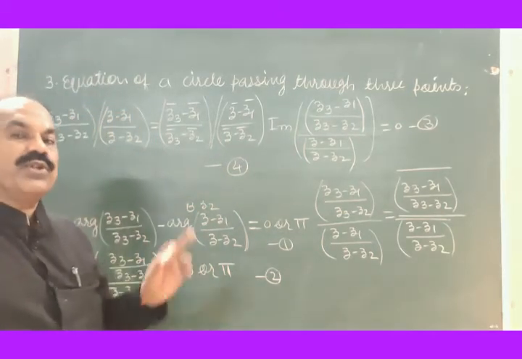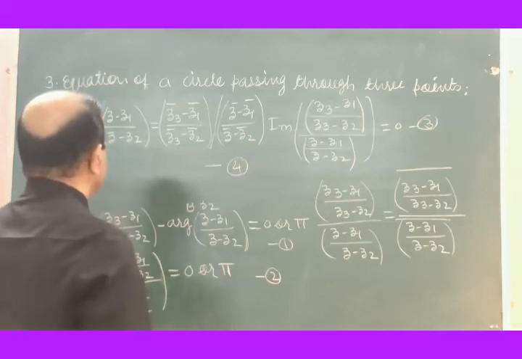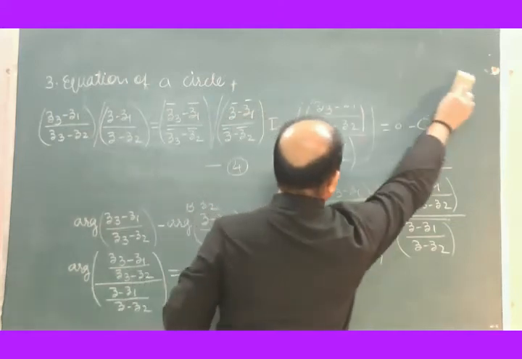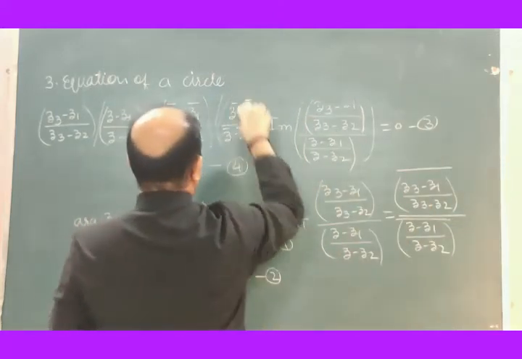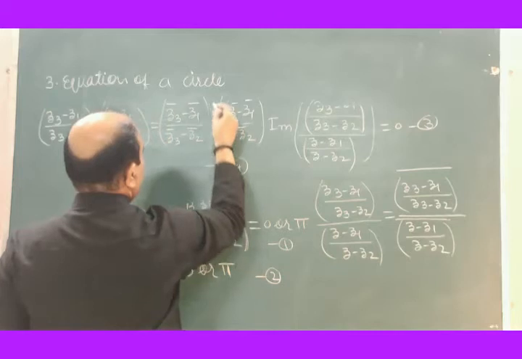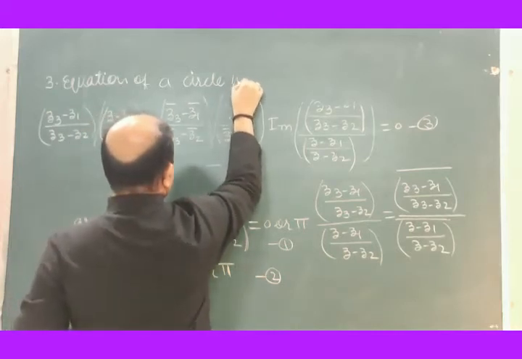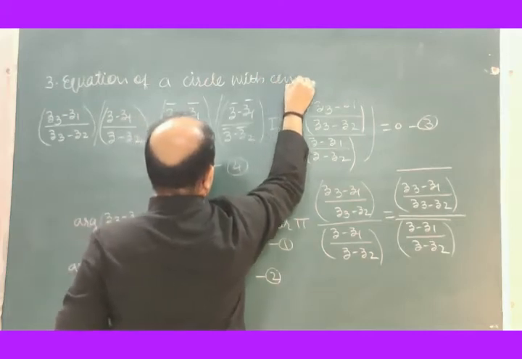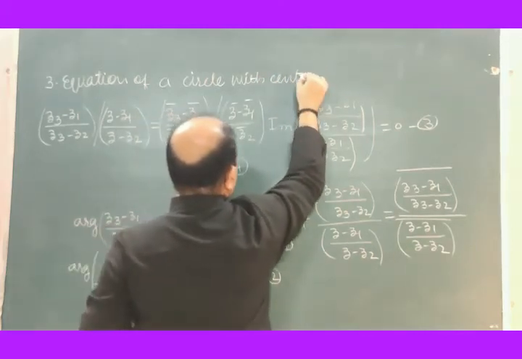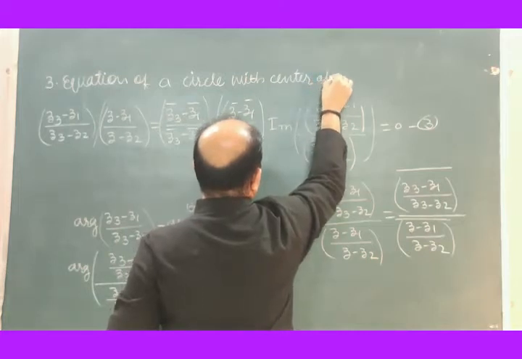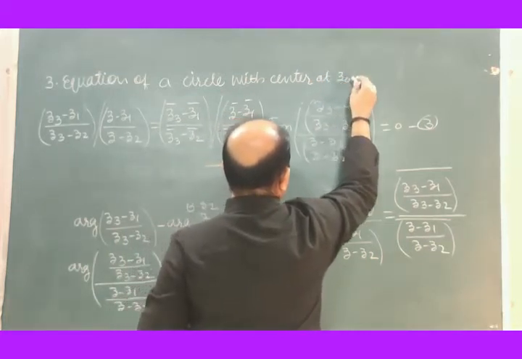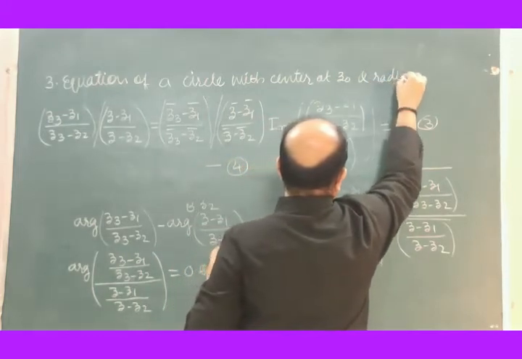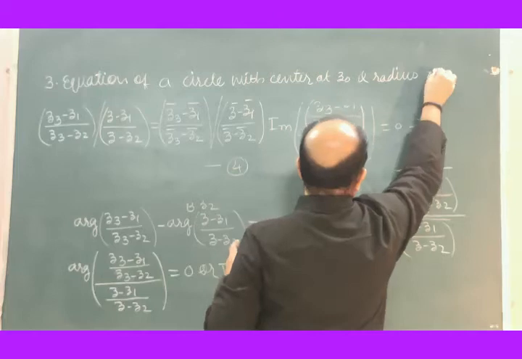After this, let us go for the fourth point. Again, it is equation of a circle, equation of a circle with center at Z0 and radius r.